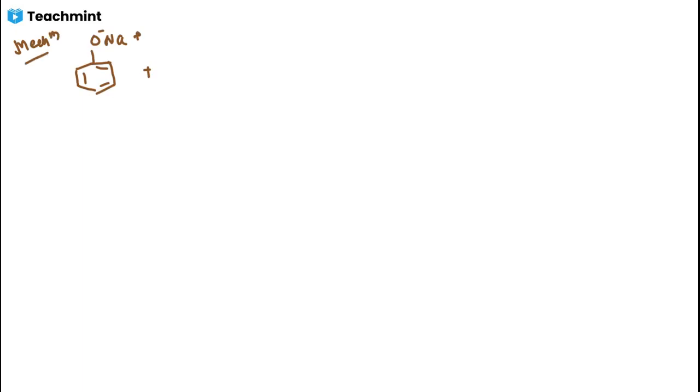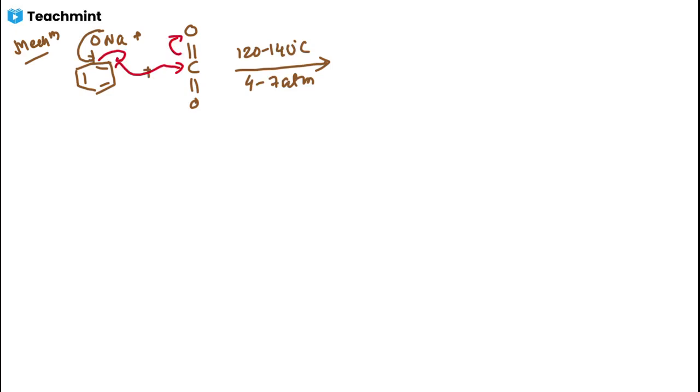When sodium phenoxide reacts with carbon dioxide, which has a linear structure, at 120 to 140 degrees centigrade temperature and 4 to 7 atm pressure, since the phenoxide is an ortho and para directing group, it attacks the carbon to form this, and we get the product.